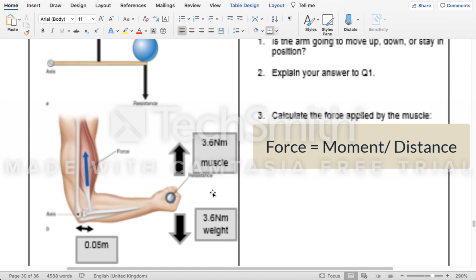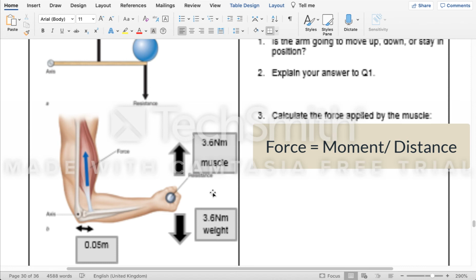If you look at the diagram, those two, moment and distance, are actually given to you. That's a clue you can use when you're going into assessments: whatever you're being asked for, put it on one side of the equal sign, and for everything on the other side, check if you have those values.